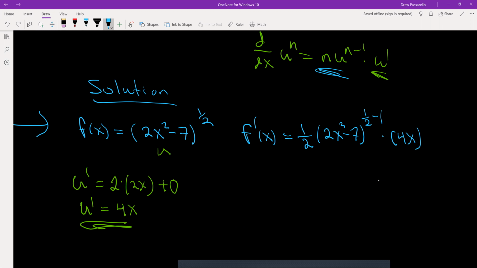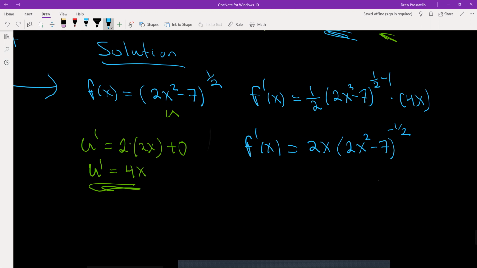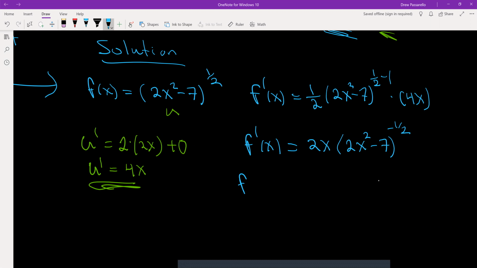And then I simplify it, so f prime of x: 4 times 1/2 is 2, so I have 2x, and then 2x squared minus 7 to the 1/2 minus 1 is negative 1/2. So I would bring this to the denominator.